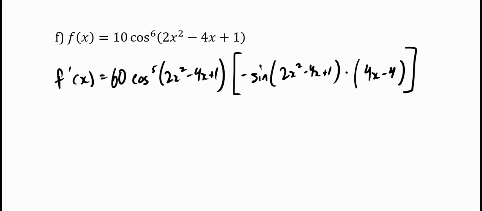Okay, so again, this is where there's no rule for what you would do. It depends on what you're doing next. But I noticed that there's a common factor in that last binomial there. So I'm going to pull a 4 out front. And 60 times 4 is 240. And then the rest I can't do much with.